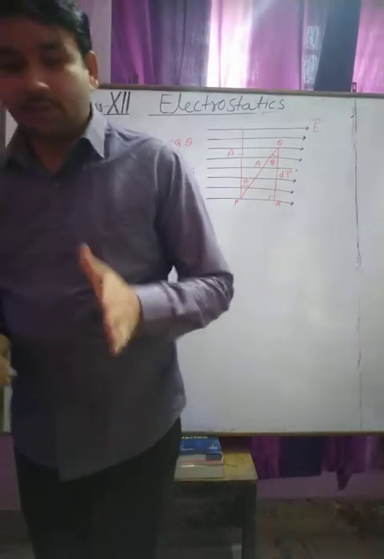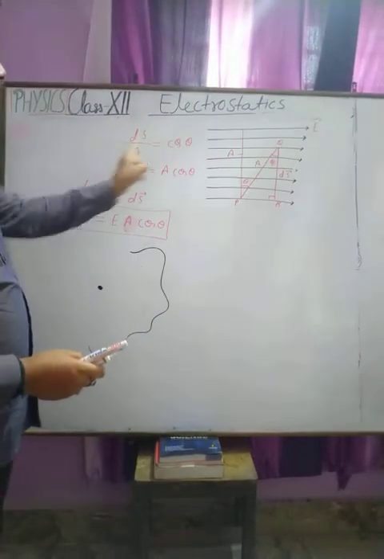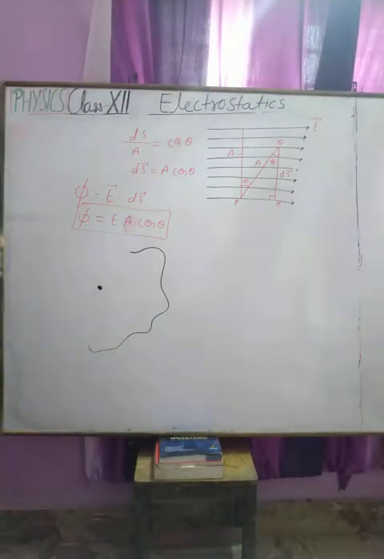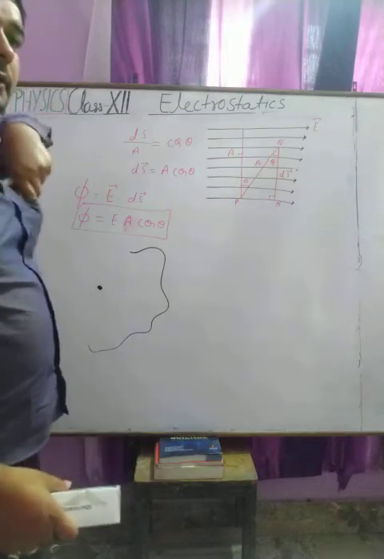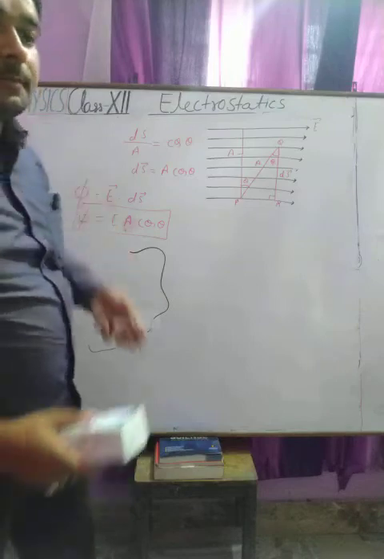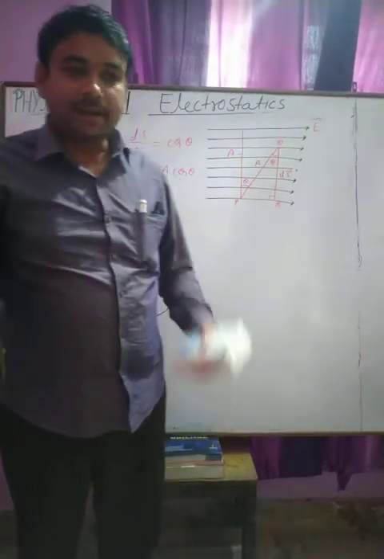Now student, first we understand about a surface, how we will define this angle and how the electric flux is measured. We have many kinds of surface like cylindrical surface, spherical surface, cubical surface and any other surface.